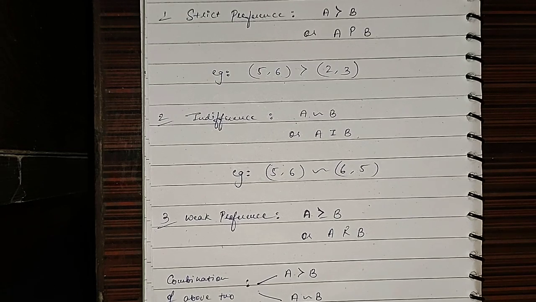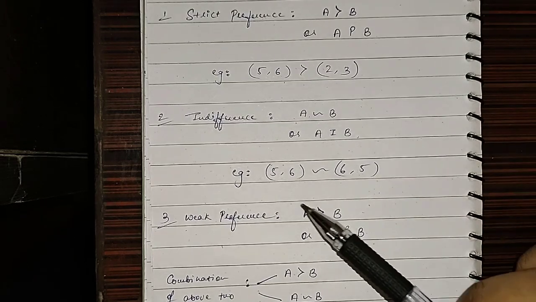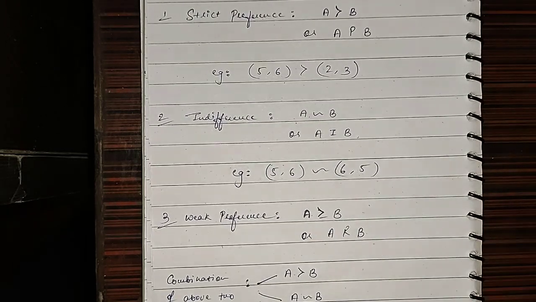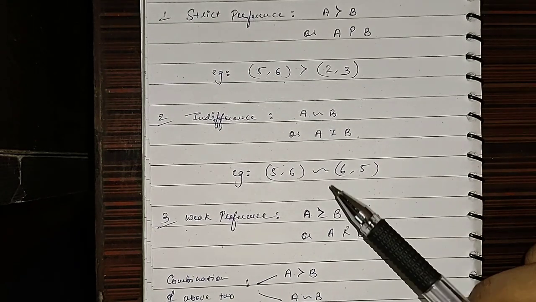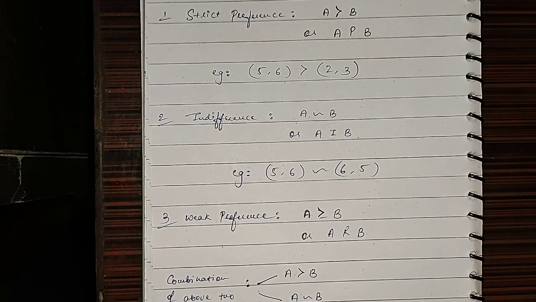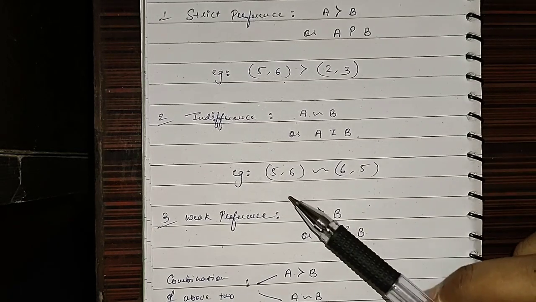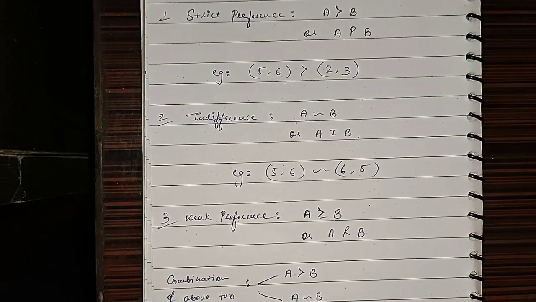So he likes both goods the same, we can say, quantitatively. So here he is very much indifferent between the two. He doesn't really care what bundle he consumes. He is satisfied with any of them.